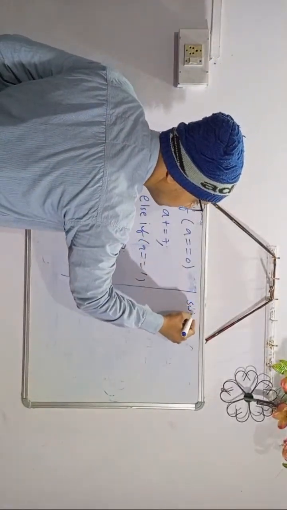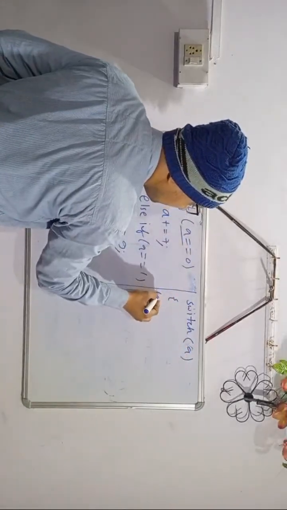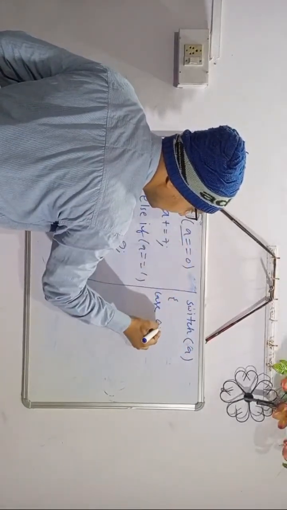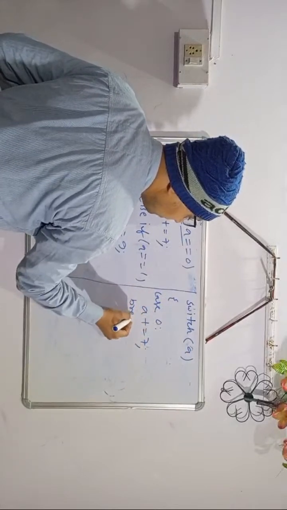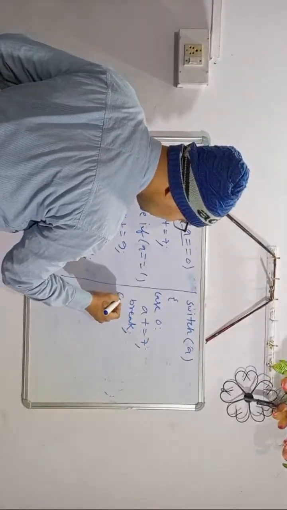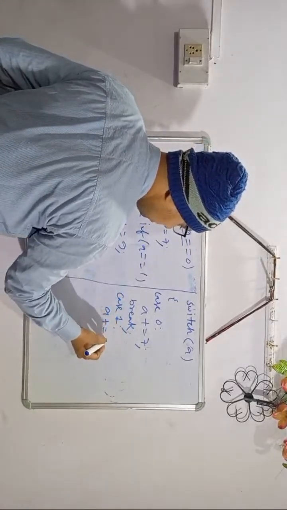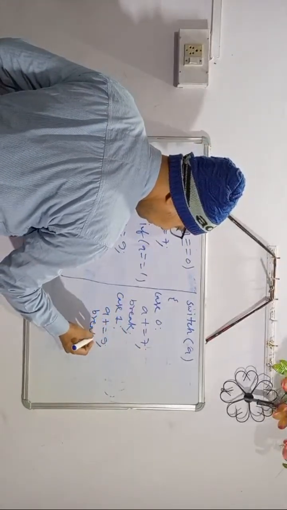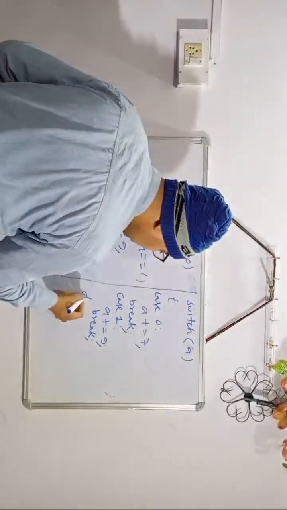We can simply write here switch, and the variable is a, so we write a. Case 0, because the value is 0, and here we can write a plus equal to 7. We have to put break after every case, otherwise there will be the situation of fall through. Case 1 is for a plus equal to 9. Again break has to be put here, and the third one, which is the else part, will go to default.